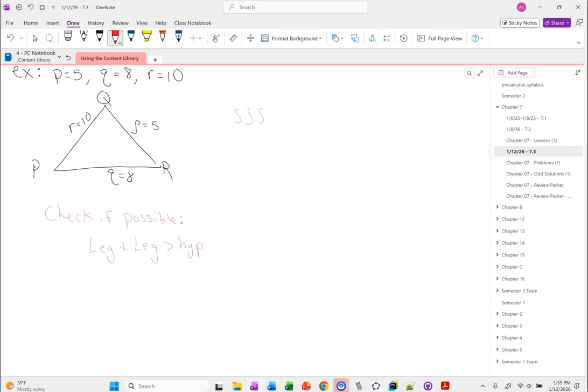How do I know between 5, 8, and 10 which one is hypotenuse? 10. Why is it 10? Yeah, just the biggest number is hypotenuse, right? So is 5 plus 8 greater than 10? You bet. Is this problem possible? Yes. So there's going to be one triangle.